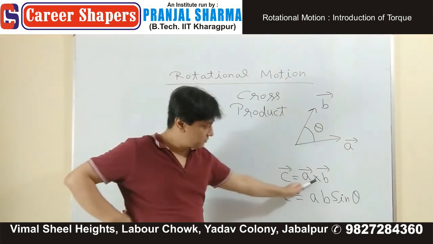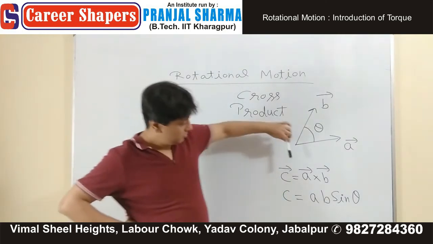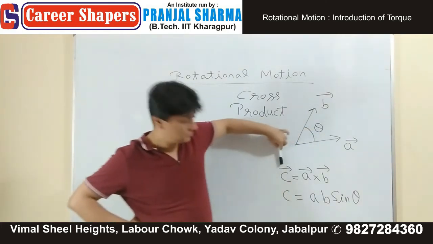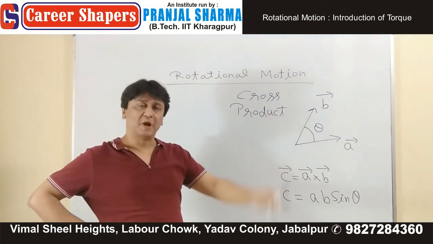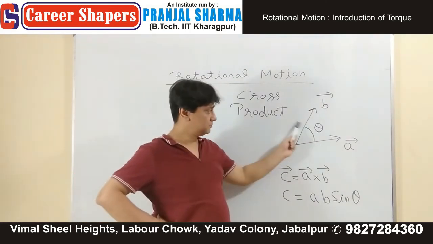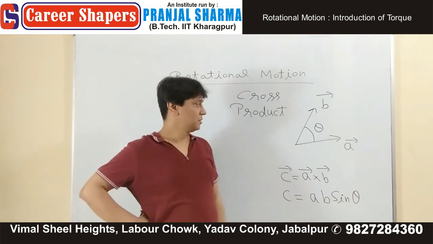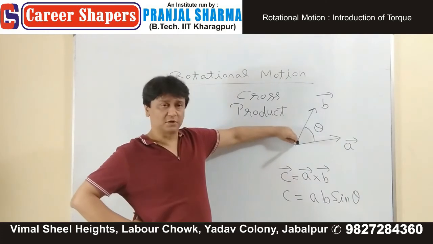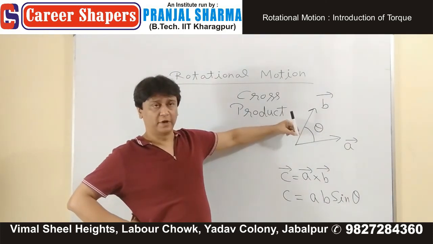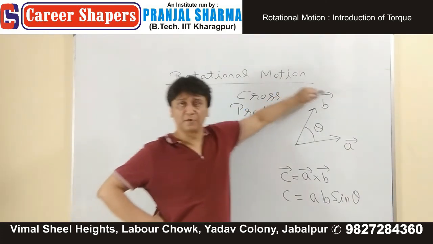When you write cross product, product of two vectors, see, that product should be perpendicular to both A and B. How you can make this thing possible? Hold the marker like this. I'm holding the marker perpendicular to the plane of the board.